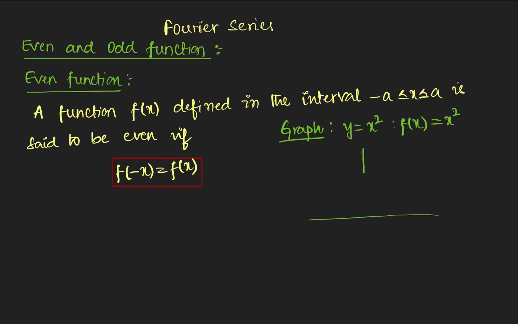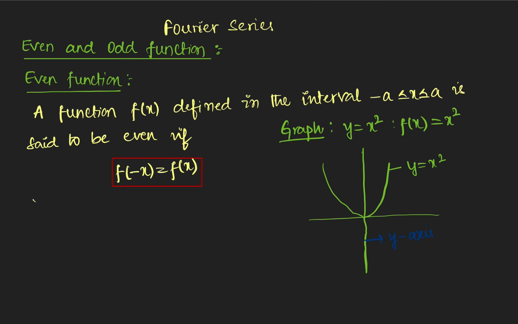If we plot this parabola, we will get a curve which is open towards the positive y-axis. So this is the curve y is equal to x square, which is symmetric about the y-axis.